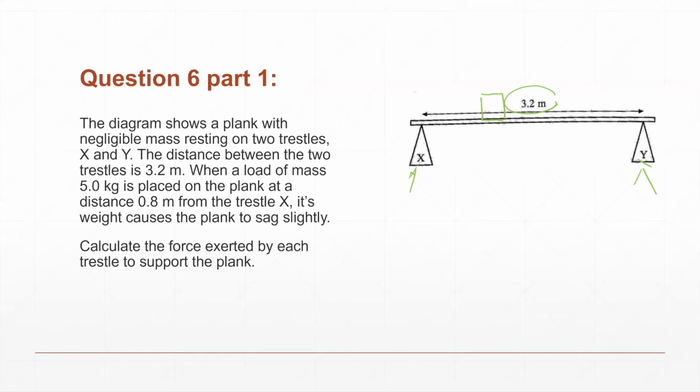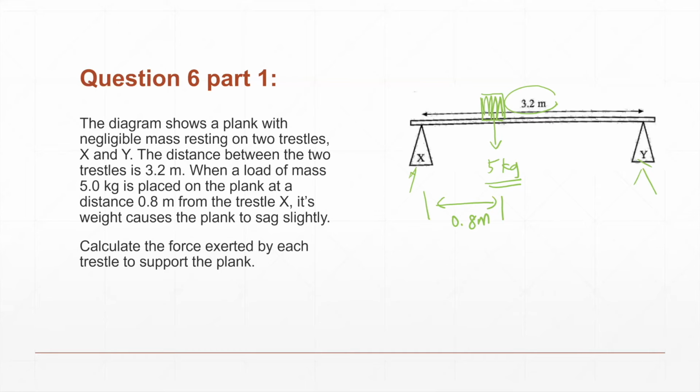that means you have a block here, 5 kg. Yeah, notice the units, and then distance 0.8 meters. Then its weight causes the plank to sag slightly. Then they say calculate the force exerted by each trestle to support the plank.